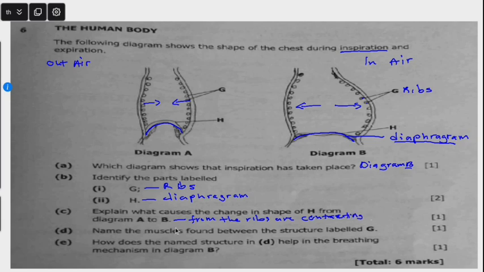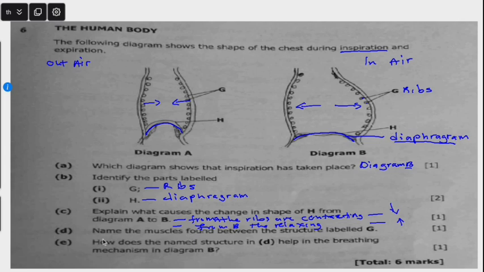Then from B, the ribs are relaxing. So that is one thing that you need to know here. For A, the ribs have gone down. Then for inspiration, the ribs have gone up. So that is what is now causing the diaphragm to change shape.